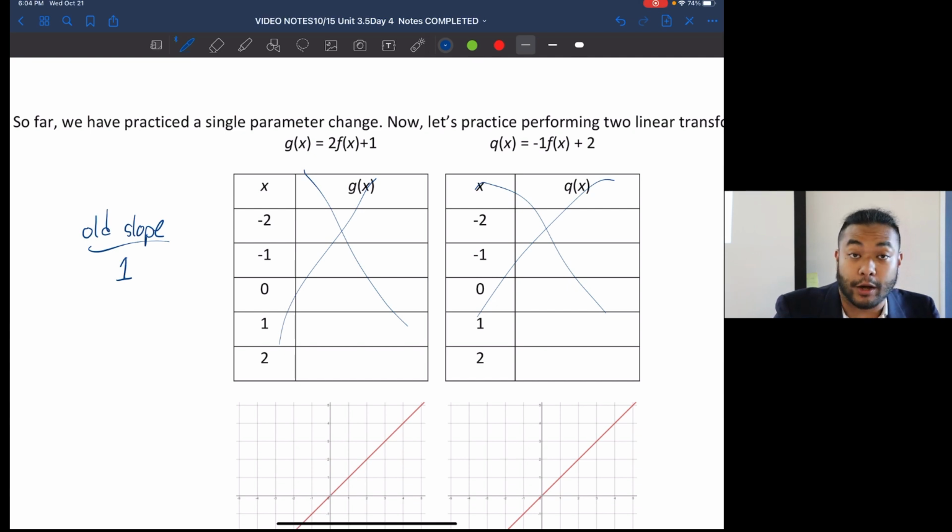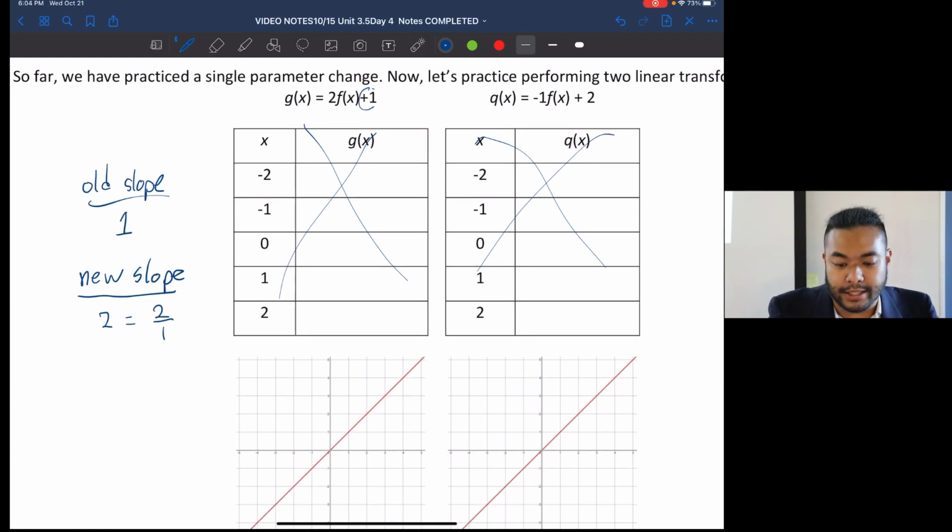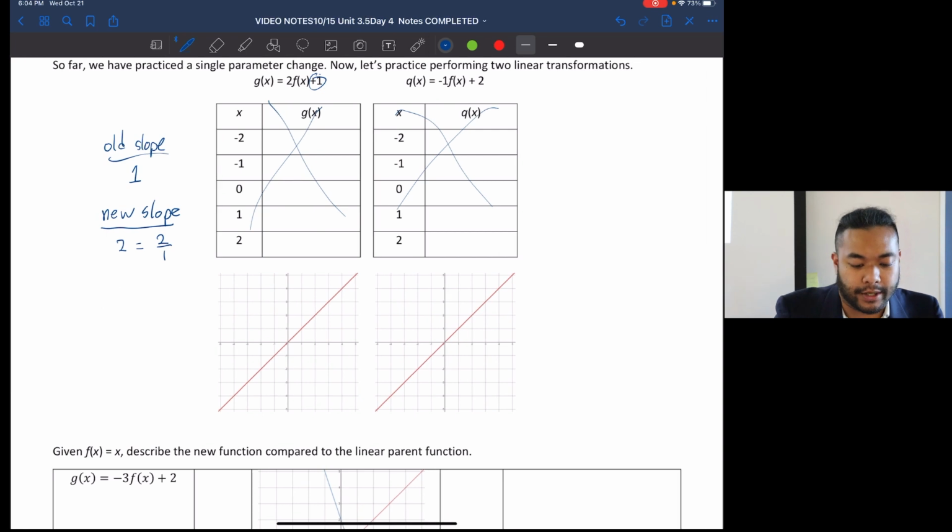But my new slope, by multiplying by 2, is now 2, which we know is the same as 2 over 1. Rise 2 over 1. So adding this plus 1, that's going to move us up 1.